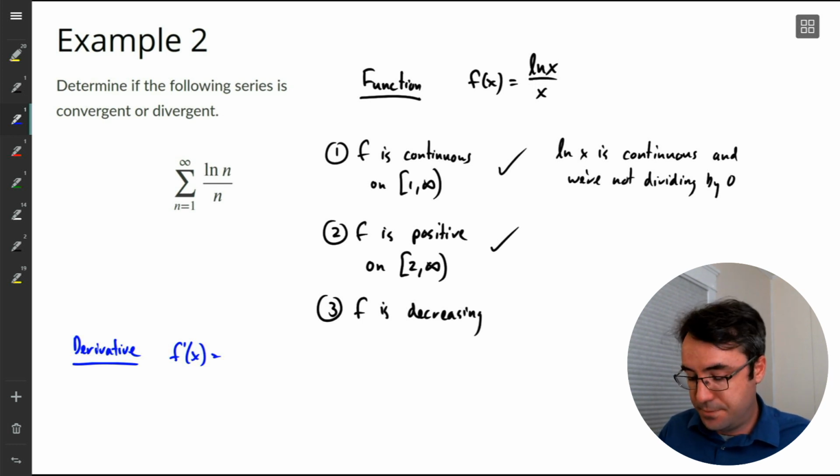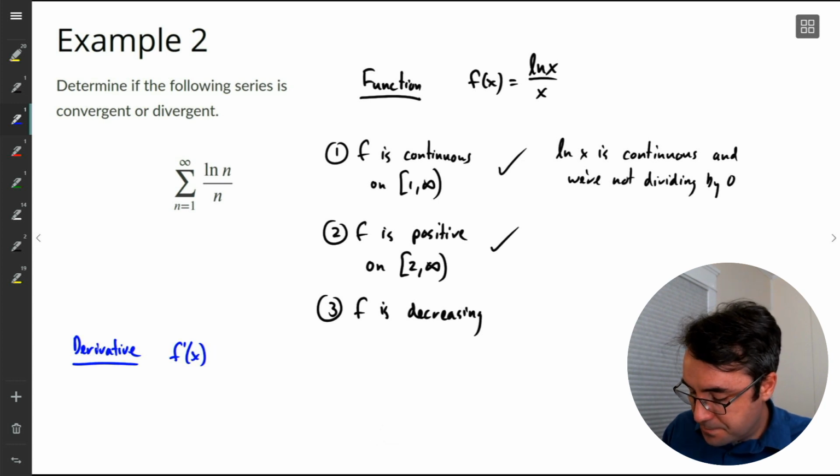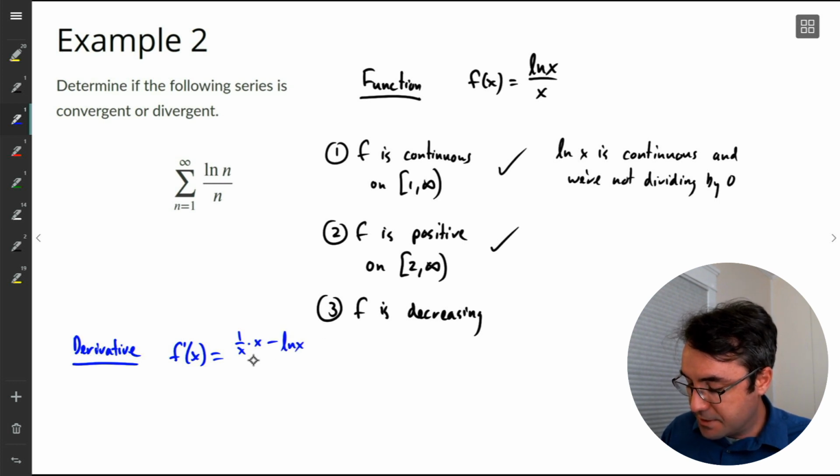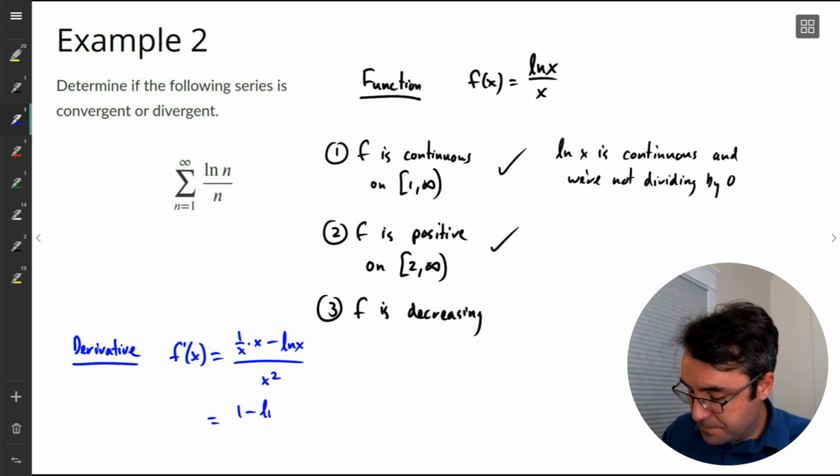So let's work it out. And what would it be? Well, it'd be 1 over x times x minus natural log x, divided by x squared, which ends up simplifying to 1 minus natural log x over x squared. Just using the quotient rule here.